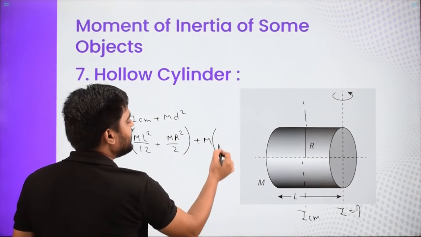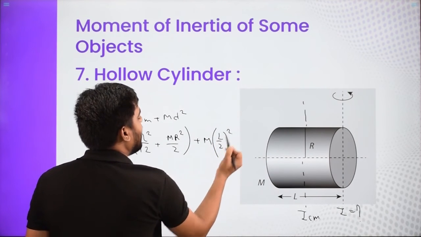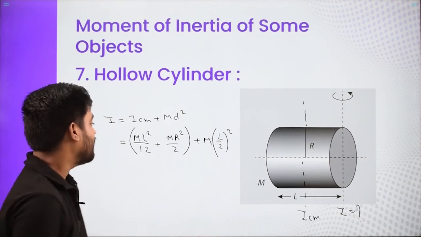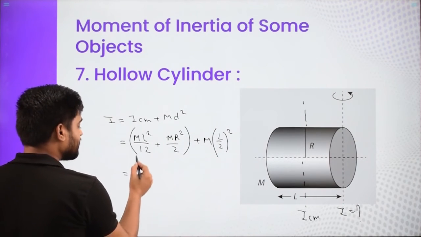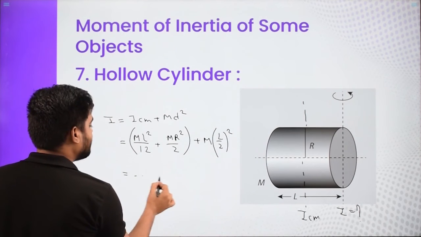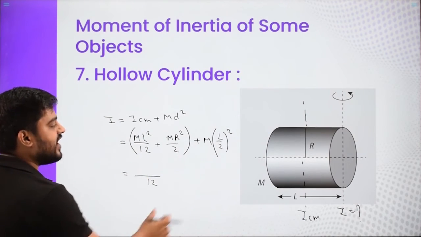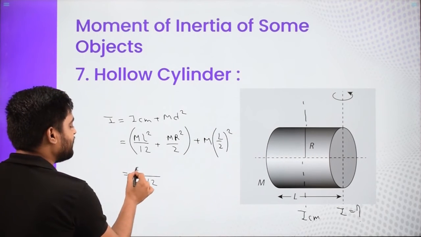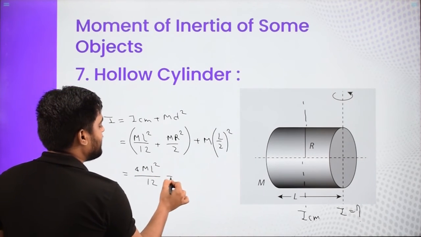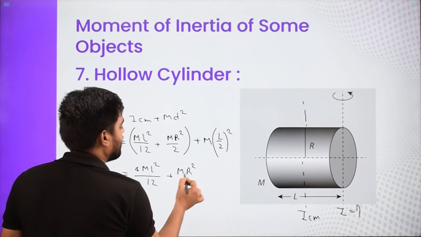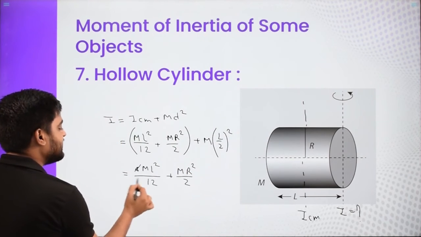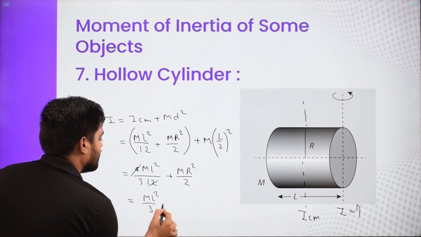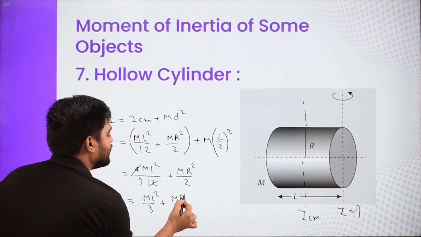So I will say L by 2 whole square, and at the end this m L square by 12 plus this m L square by 4. What does that give us? I can take 12 common, and this is basically m L square, and this is m L square by 4, so 3 m L square, so that gives me 4 m L square, plus m r square by 2. And now you can say it is 3. So it is m L square by 3 plus m r square by 2.